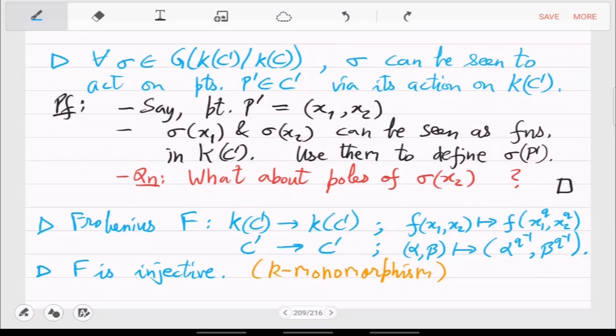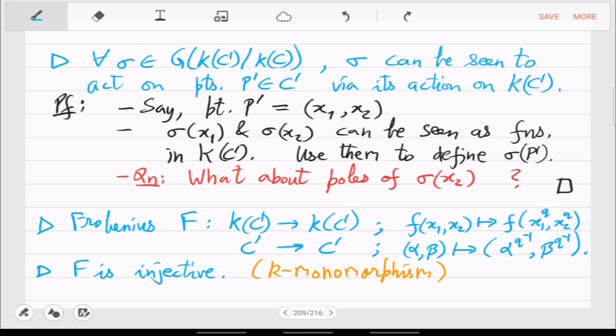So the important thing is that because of characteristic P, and Q is a power of P, the Frobenius map is always there. At the level of functions, what it does is that it raises the variables to Q. A function may also have constants.